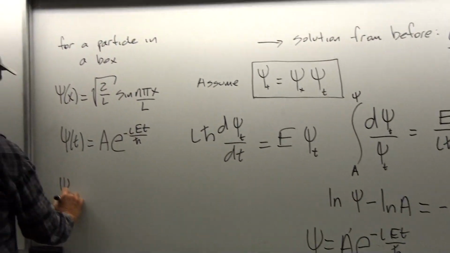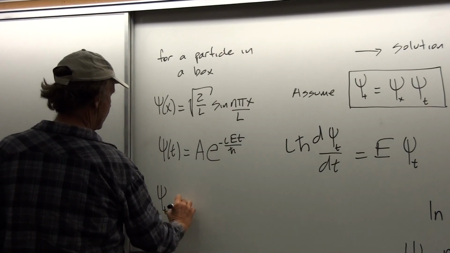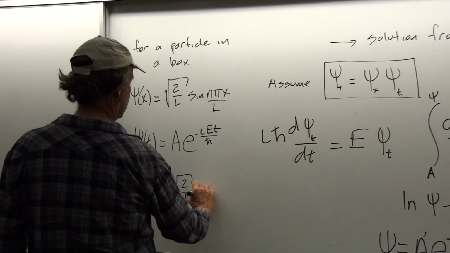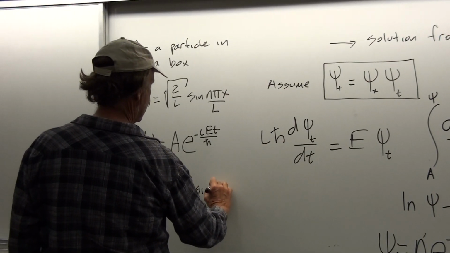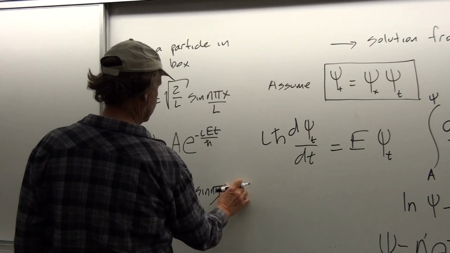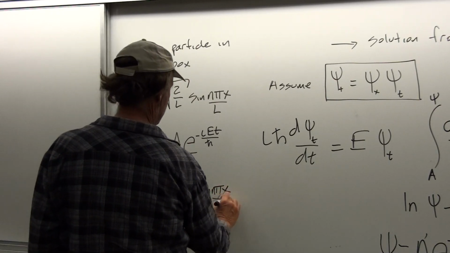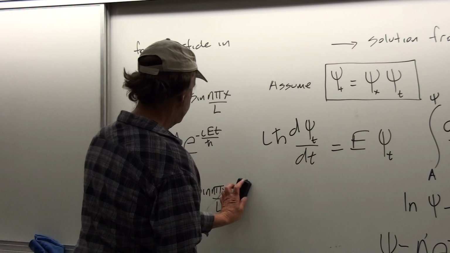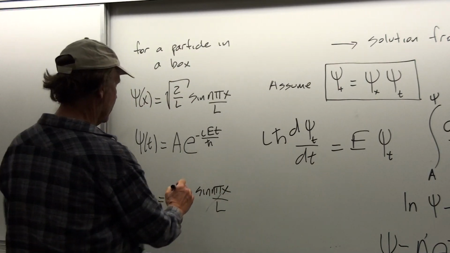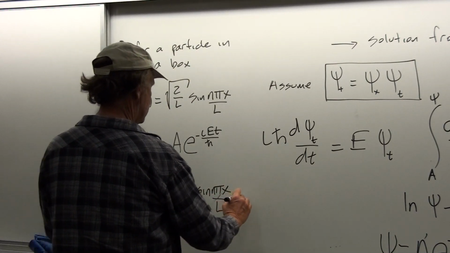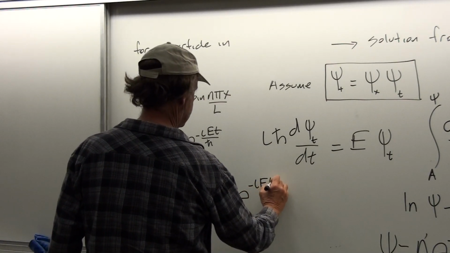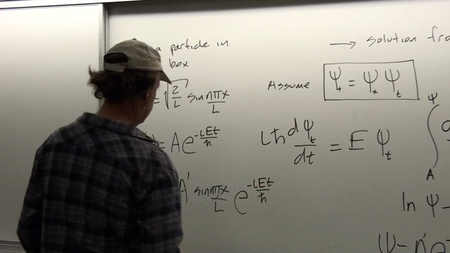Then we'd have psi total would equal root 2 over L sine n pi x over L times a prime, for some new constant, e to the minus i e t over h bar.